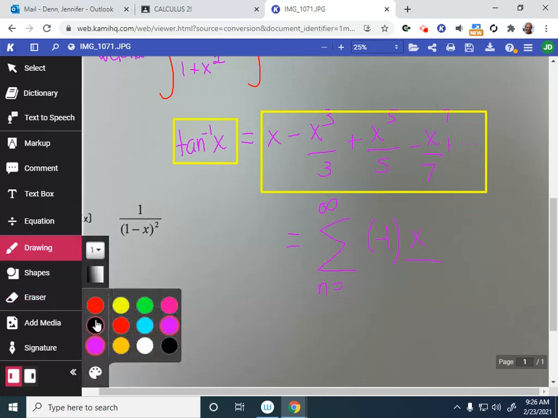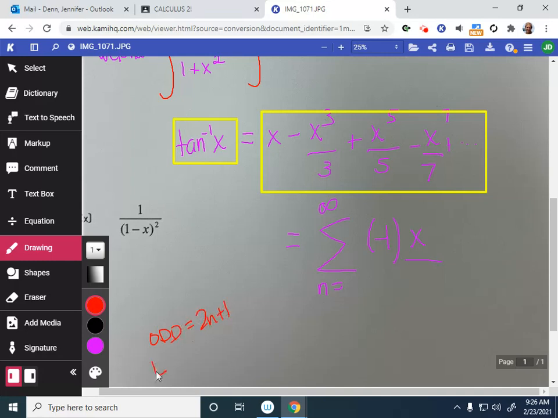Well, in general, whenever I want to represent an odd number, I'm going to use 2n plus 1. And whenever I want to represent an even number, I'm going to use 2n. If you think about that, when I plug in numbers for n, like if I look at evens first, if I plug in 1, I would get 2. If I plug in 2, I get 4. Plug in 3, I get 6.